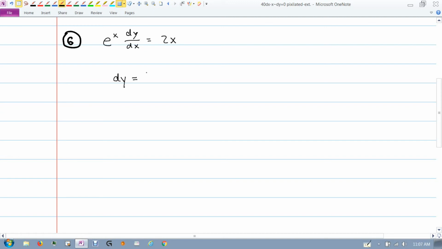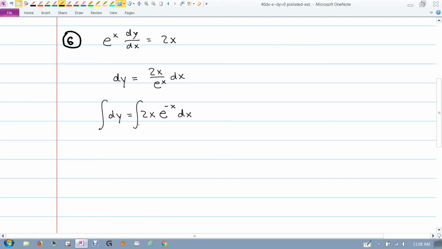So I'm going to multiply by dx and divide by e to the x. Now we have separated these. On the right hand side, I'm going to do one more thing. I'm going to go ahead and bring that e to the x up to the top and make it e to the negative x. And now I'm ready to integrate both sides.